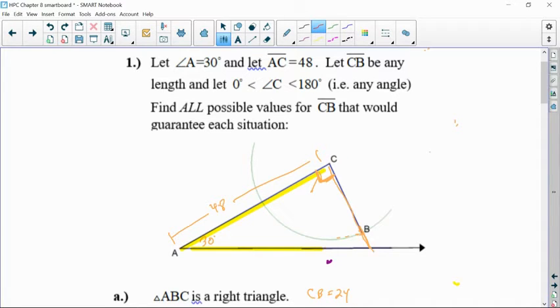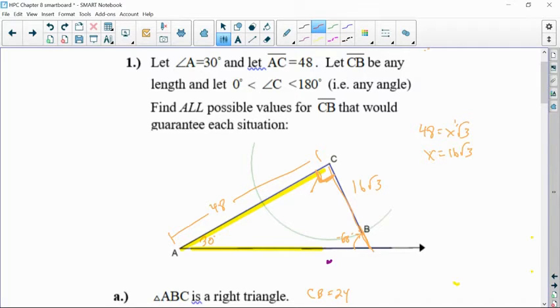If that was a right angle there, then my 60 degree angle would be here. So now 48 is opposite 60 degrees, so that's in the x root 3 position. So 48 is x root 3, which means x is equal to 16 root 3, which would be the side opposite 30. So 16 root 3 could work to give us a right triangle.